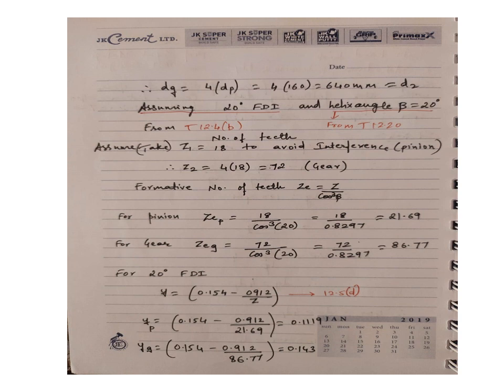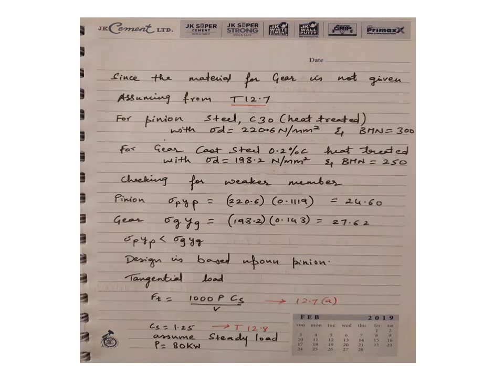For pinion, by substituting in the above formula, Yp comes out to be 0.1119. Similarly, Y for the gear, that is Lewis form factor for the gear, comes out to be 0.143 by substituting Z.